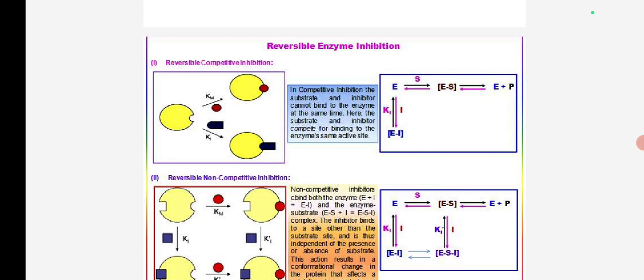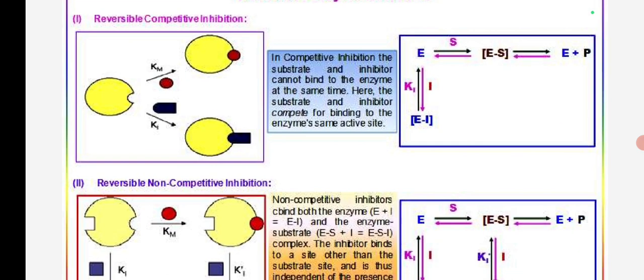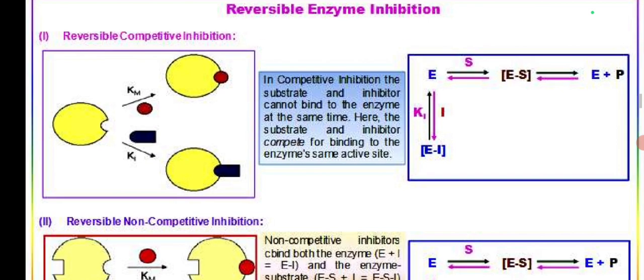First, reversible inhibitors: competitive inhibition. In competitive inhibition, the substrate and the inhibitor cannot bind to the enzyme at the same time.